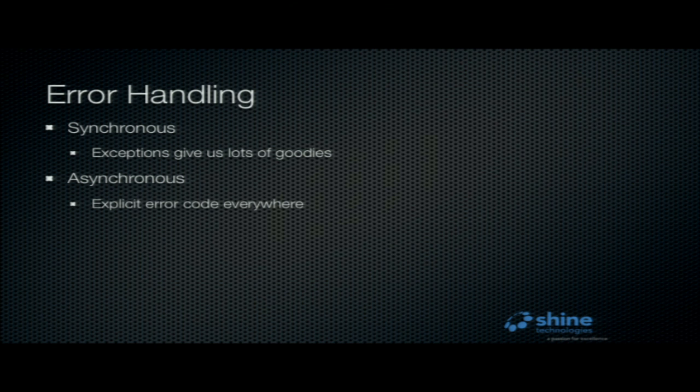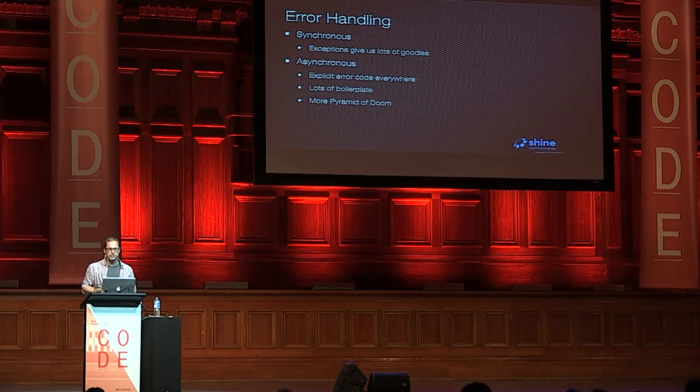Also, one of the things exceptions give us is some automatism, so that we don't have to write any code in order to do certain parts of the error handling, while in asynchronous code we have to write explicit error code everywhere, and unfortunately or fortunately lots of it is boilerplate. It's always the same code, but it has to be in there, and this asynchronous error handling code leads to more confusion in the pyramid of doom because you have to put it in each of the callback functions.